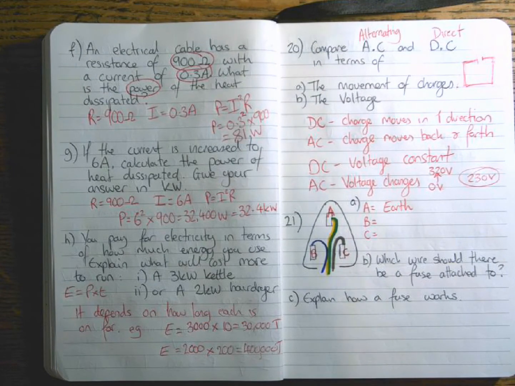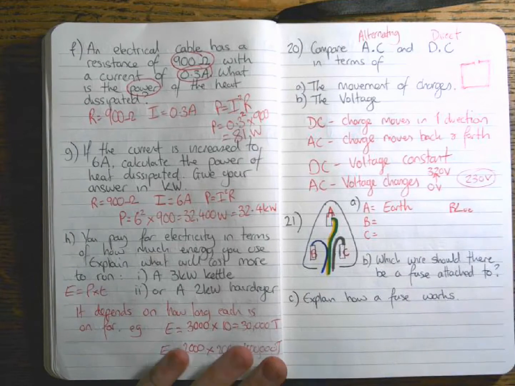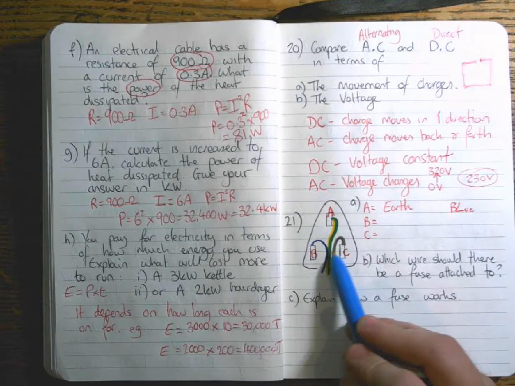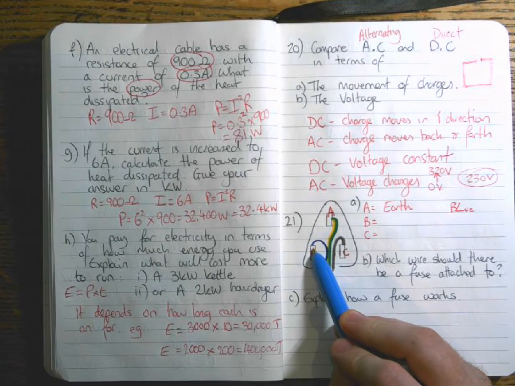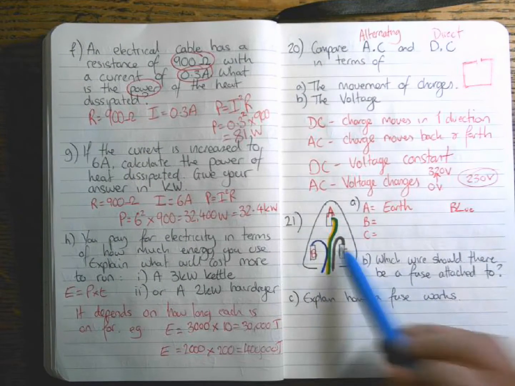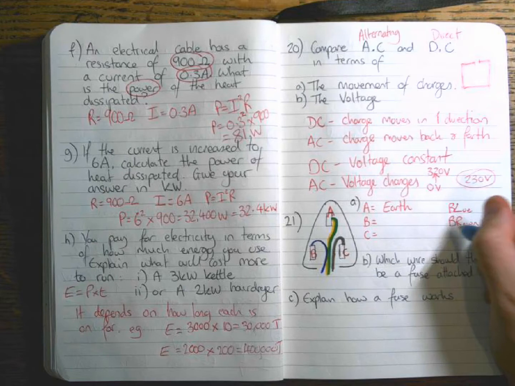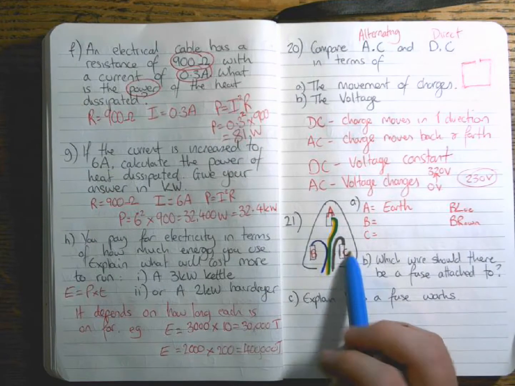B, I remember the position of the blue wire because blue starts with BL and the blue wire goes in the bottom left. The brown wire starts with BR, so it goes in the bottom right.